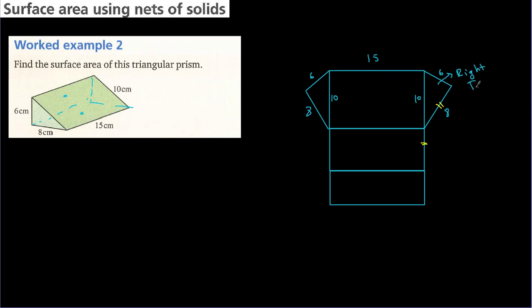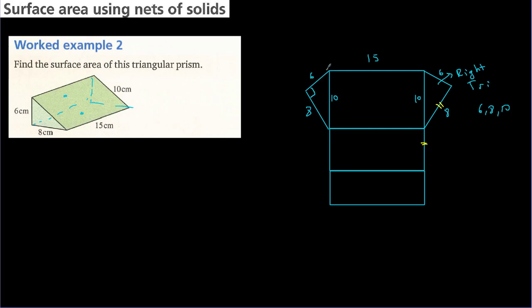The triangle is a right triangle. Why is it? Because 6, 8, 10 is a special right triangle. So this is a right triangle, and it is easy for me to find the area of the triangle. In the right triangle, I know that this is the right corner.